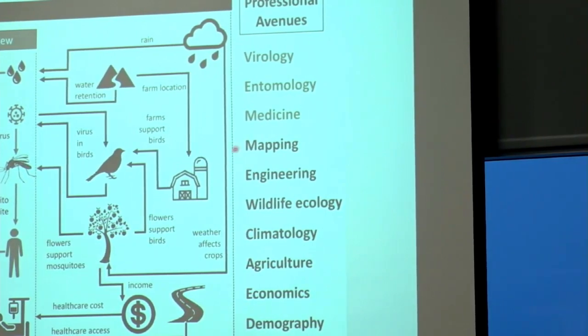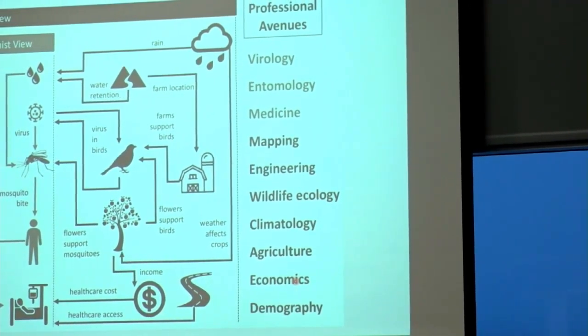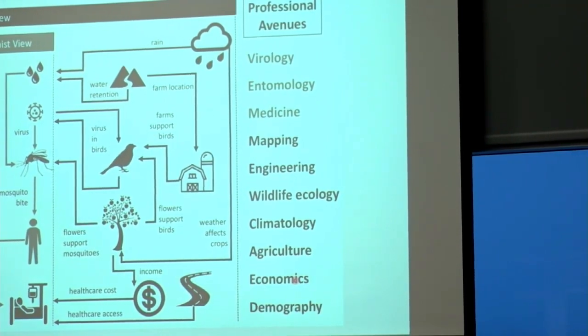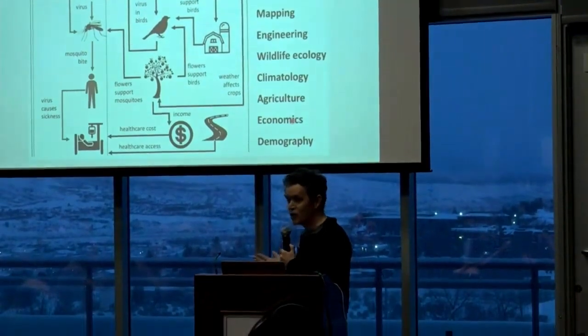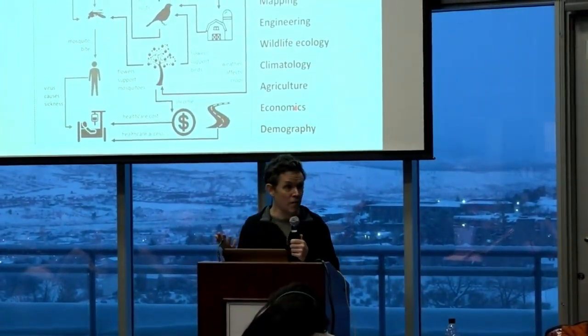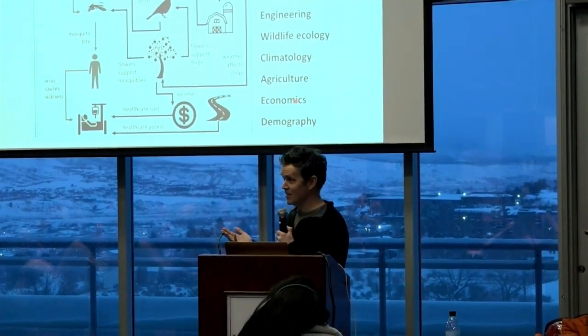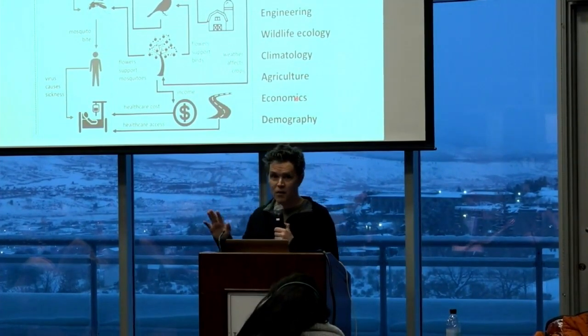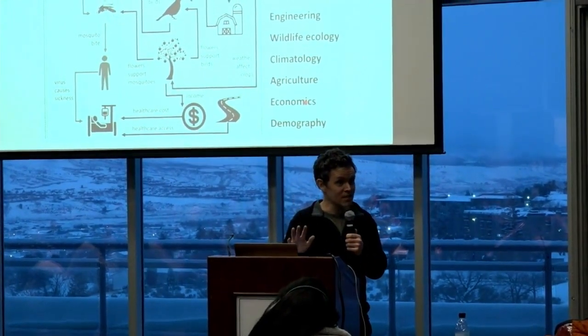But in black are just a handful of professions that are relevant to the broader system. We need people that study climate. We need people that are demographers, that are cartographers, engineers, people that are in agriculture, economics, environmental sciences of all different kinds. We need all of those areas of expertise for us to understand this broader system.